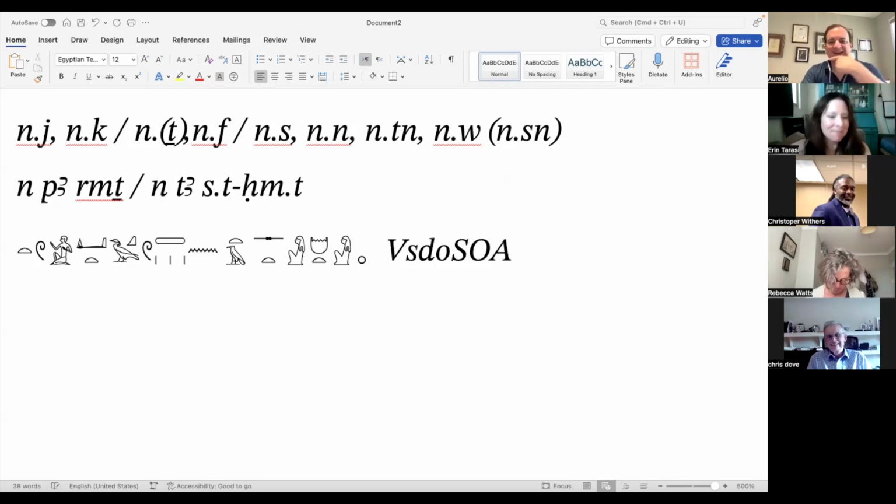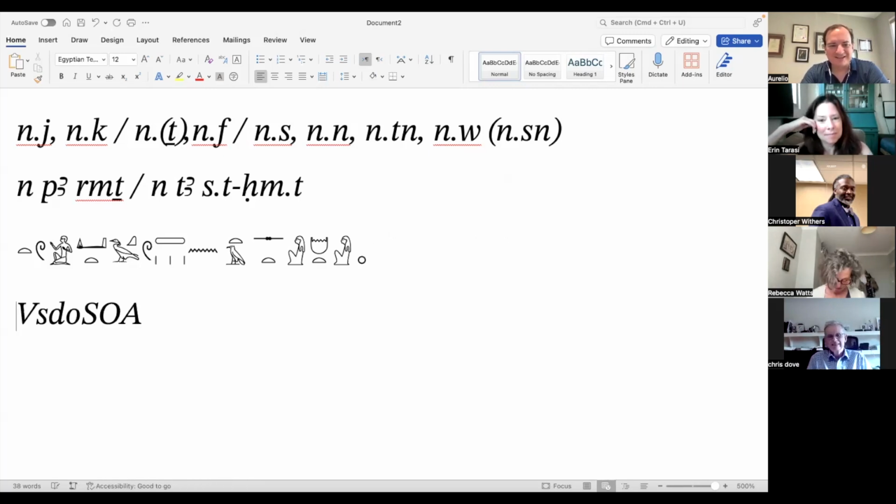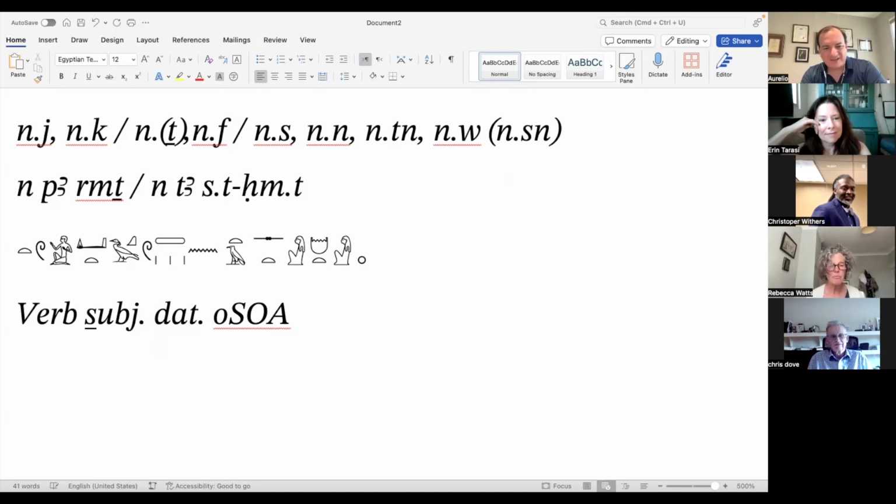SOA. Yep. Okay. So what does that stand for? Let's break that out for anybody who hasn't seen that before or doesn't quite remember. So the verb at the beginning in Middle Egyptian. If it is a suffix pronoun, a pronominal subject indicated by a small s, that comes right after the verb. At least that is true in Middle Egyptian. A pronominal dative comes right after, and a pronominal object comes right after as well, and then comes all the rest.